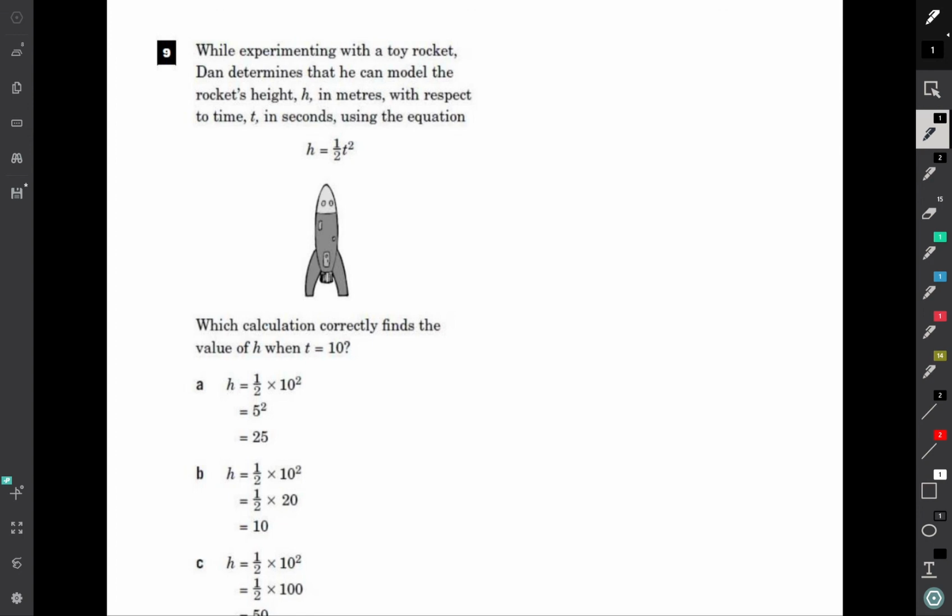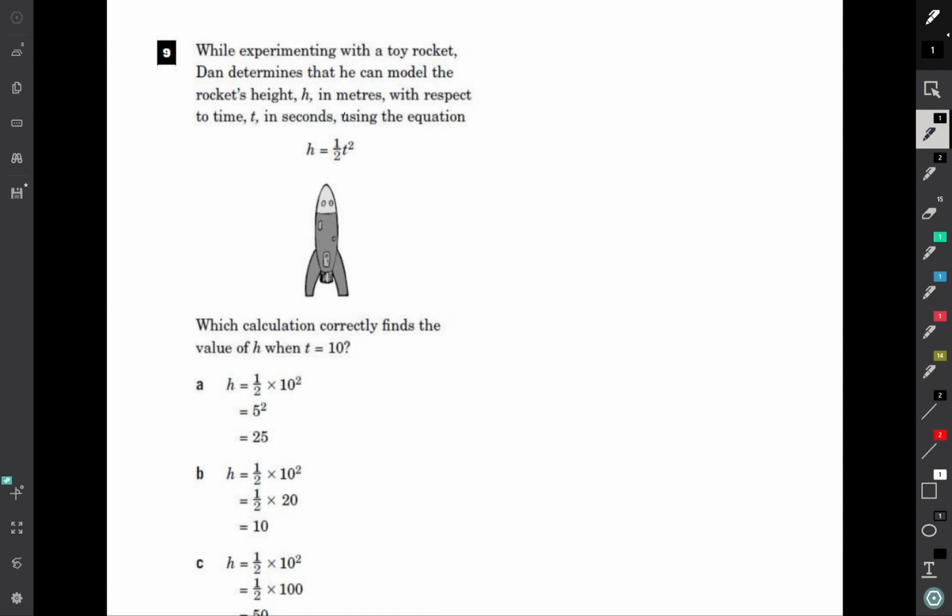So meaning that a certain time after he launches the rocket, say 2 seconds after, he can substitute in the value t and then get an answer for how high the rocket would be. Okay, so which calculation correctly finds the value of h when t is equal to 10?